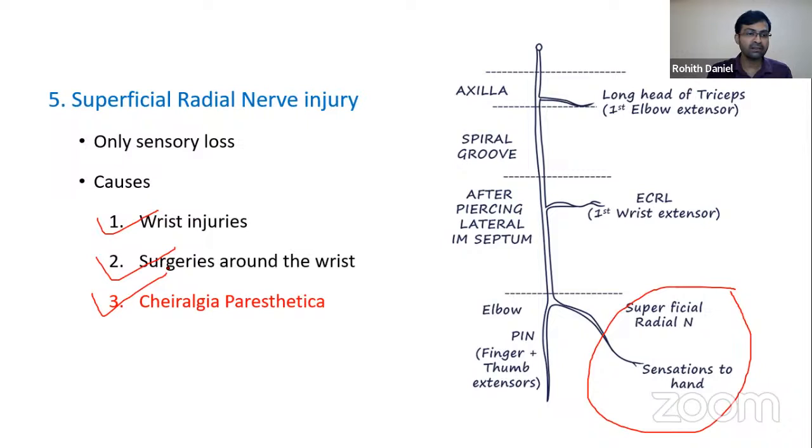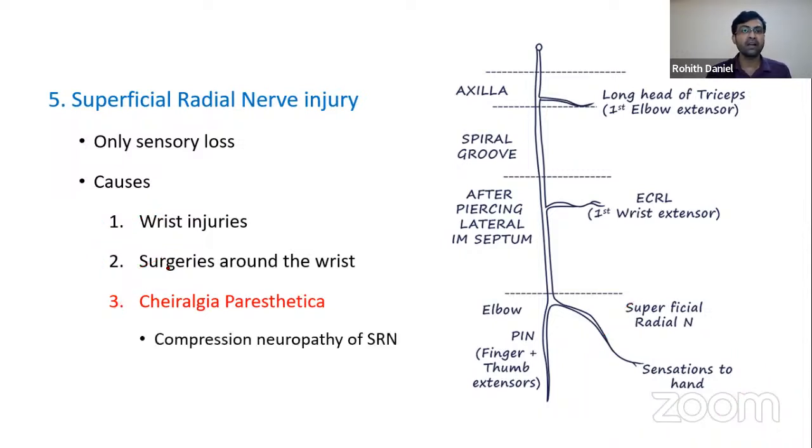Yes, cheiralgia paresthetica is a condition where there is a compression neuropathy of the superficial radial nerve. You must have heard about carpal tunnel syndrome, isn't it? Which is compression neuropathy of the median nerve. Similar to carpal tunnel, when there is a compression neuropathy of the superficial radial nerve, you call it cheiralgia paresthetica. This is an MCQ for your exam, right?